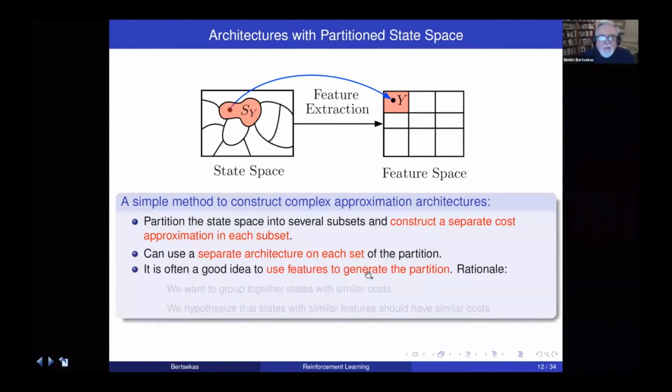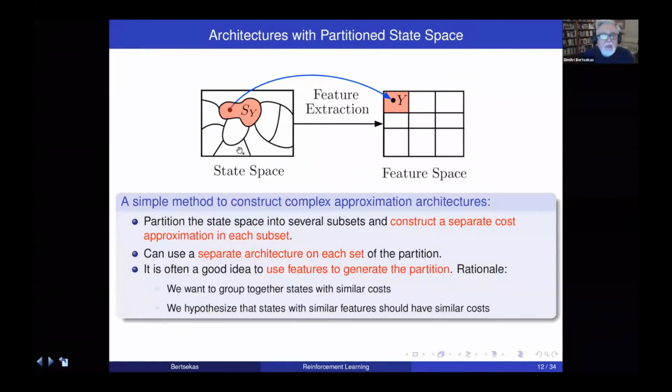This is called a feature-based architecture, partitioning. Suppose that you have a set of features that represents the structure pretty well. It captures the characteristics of the target function that you want to approximate. Then you can do a regular partition in the space of features and map it back into an irregular partition of the state space.